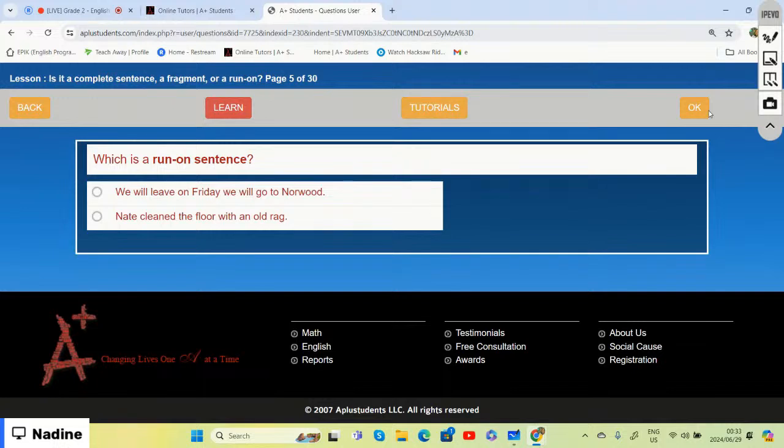All right. And if we were to say which one is a run on sentence, remember a run on sentence is basically two sentences within one sentence, right?